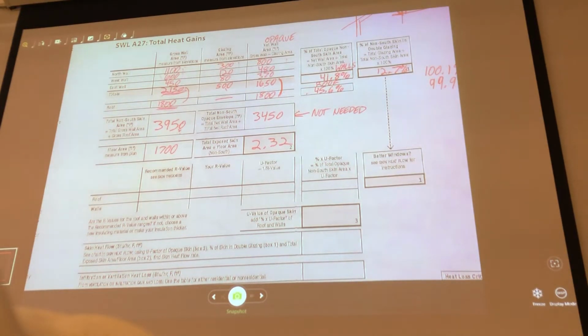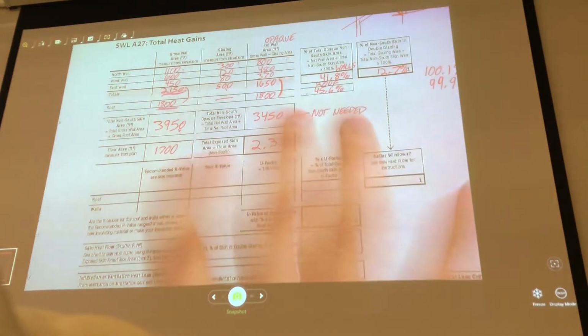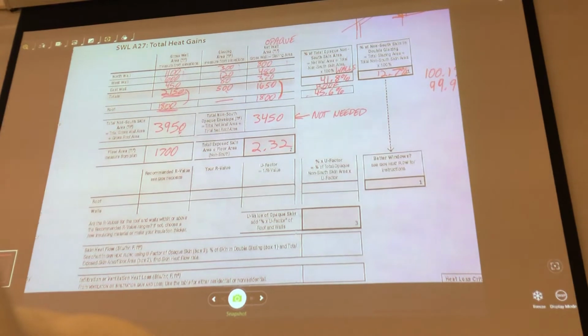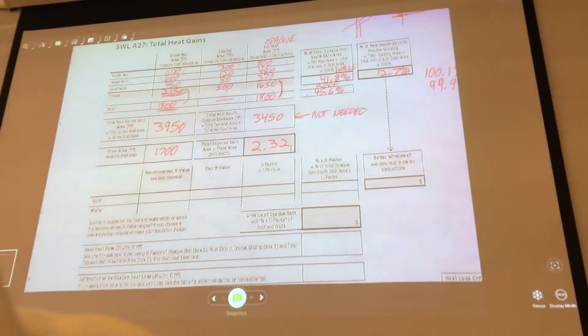And again, this is all taking into consideration worst case scenario, where that south facade has gained all of that solar radiation throughout the day, that all of the heat that it's losing is just everything that it's storing itself. Does that make sense? That's the entire reason why we're not considering south in these calculations, is because it's not necessarily gaining or losing any heat that's inside the building.